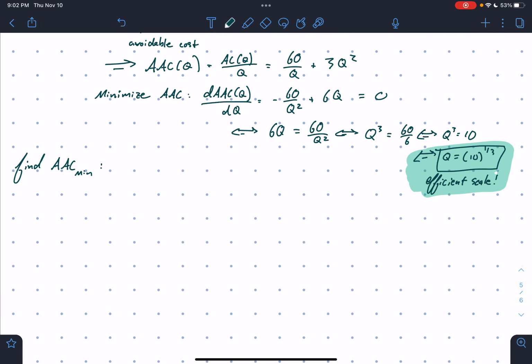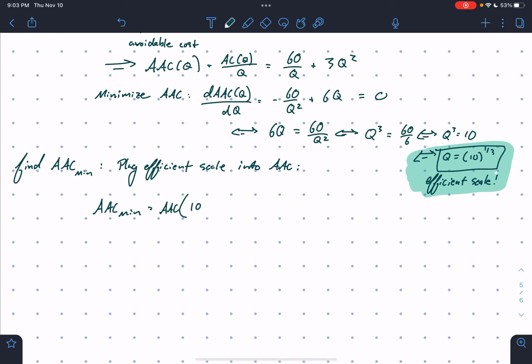So we're going to plug the efficient scale into the AAC, because this is going to be the point at which the AAC is minimized. So the minimum value of the AAC will occur at the efficient scale. So we get AAC min is equal to AAC of the efficient scale, so 10 to the 1/3.